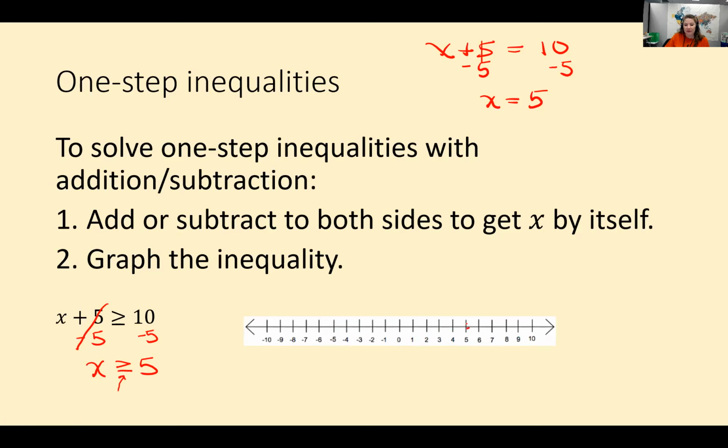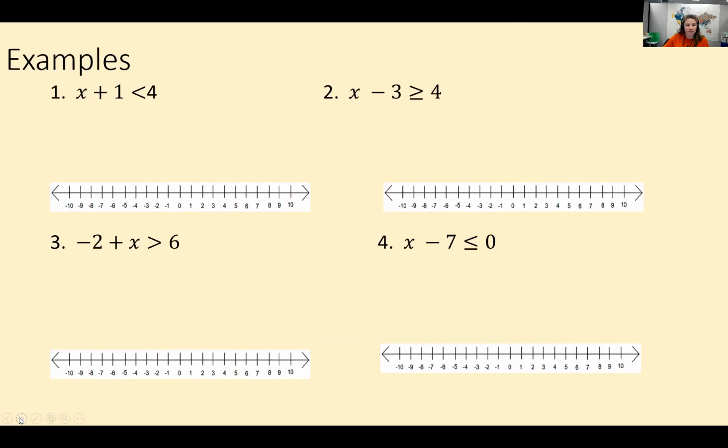And then since my variable is written first, my arrow points in the same direction as my inequality sign. So x could be 5 or 6 or 7 or 8 or 8.5 or 9.1, so on and so forth. Okay, so I have just graphed and solved the inequality.